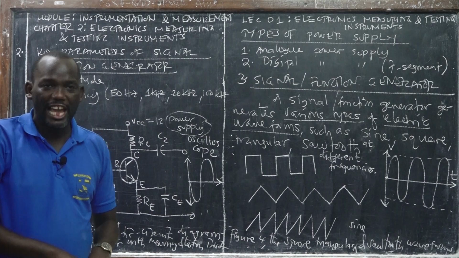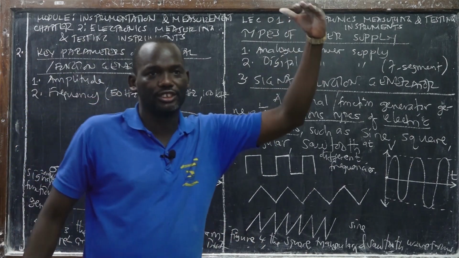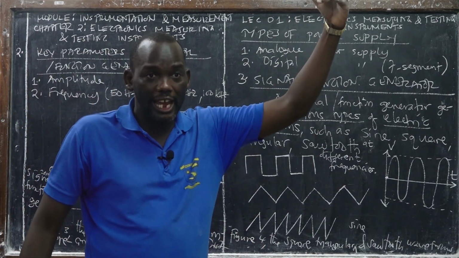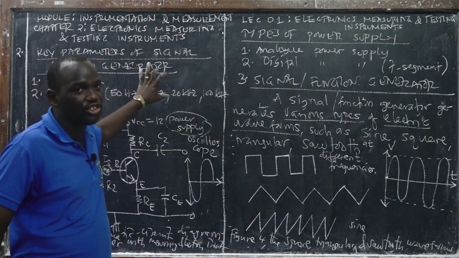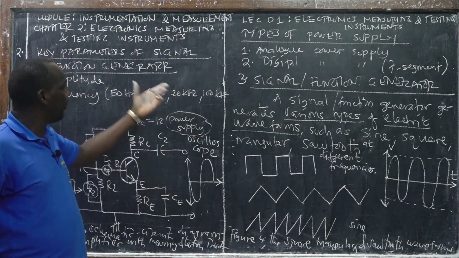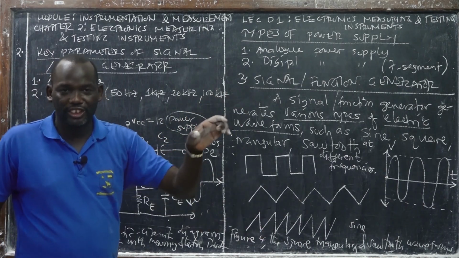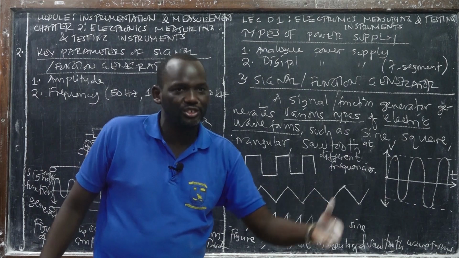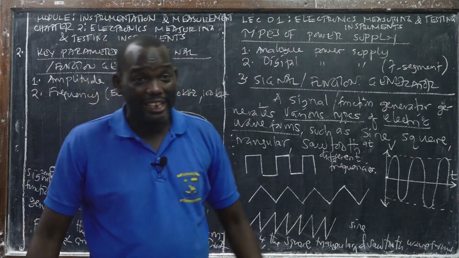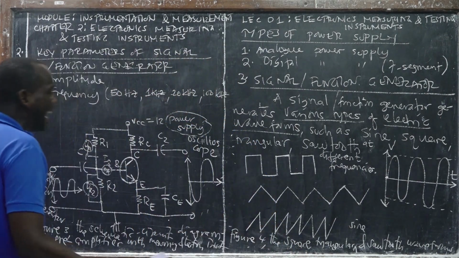In electrical engineering, you have low frequency signal but high voltage and high current. In electronics, we have high frequency signal but low voltage. For instance, the voltage of signals at 20 gigahertz may be a few millivolts. Are we together, class?